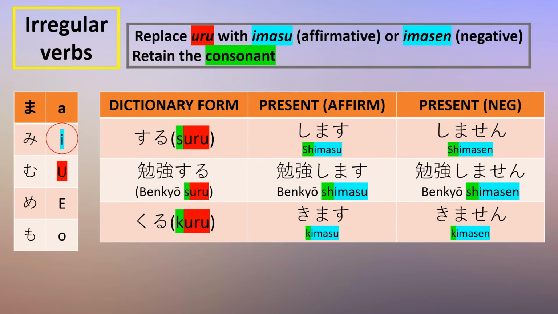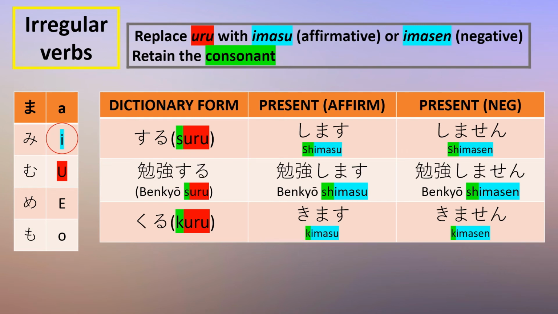So in suru, to do, sa, shi, su, se, so. Su is changed to shimas and shimasen for negative. Shimas, do. Shimasen, don't.